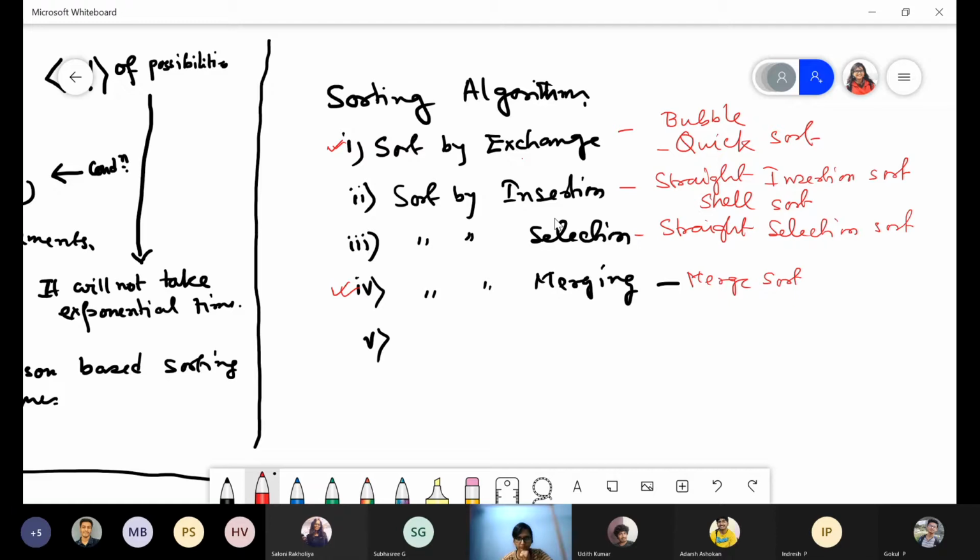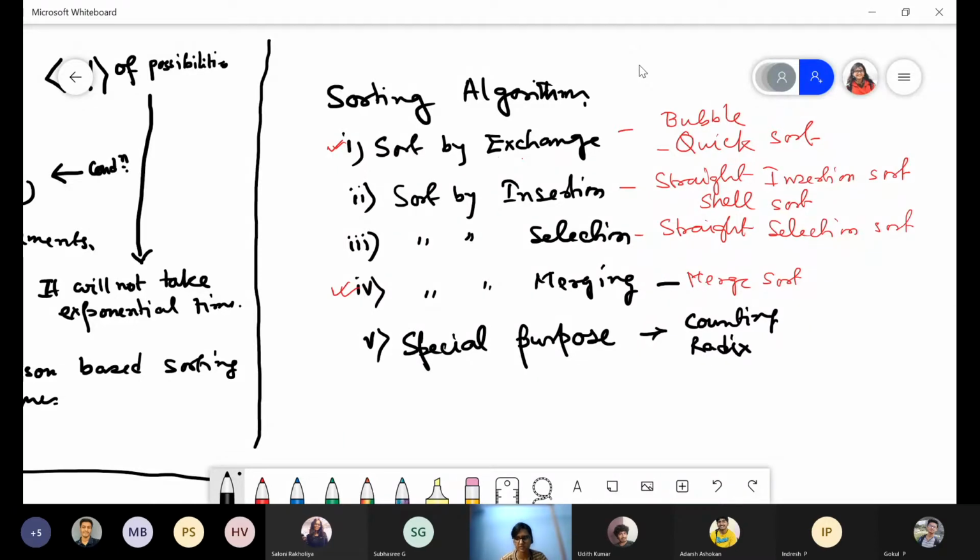That's why I prefer to put it inside the exchange category. And another is special purpose, where you can put counting, radix, etc.